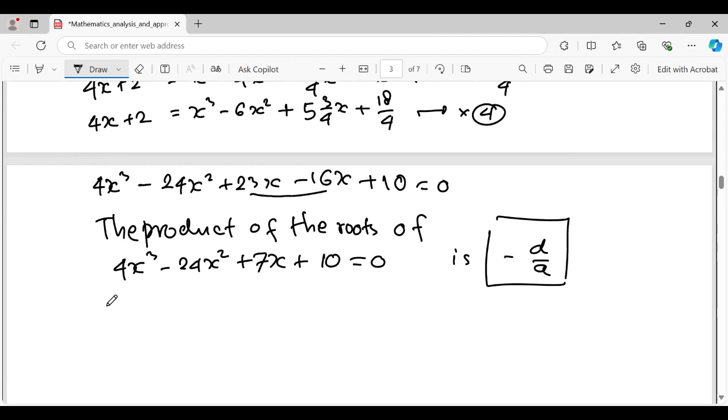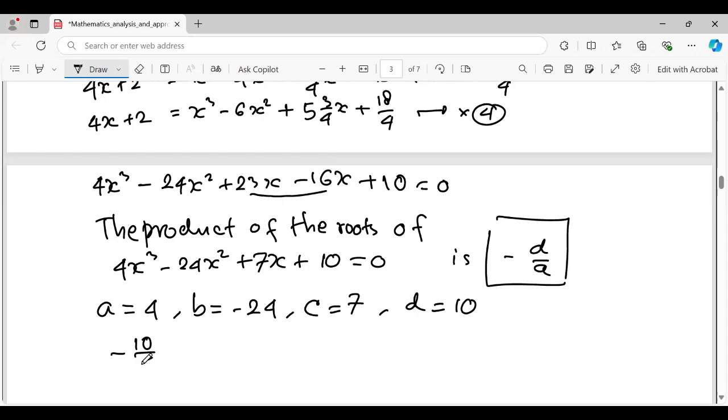So if you identify this equation, a equals 4, b is minus 24, c is 7, d is 10. So the product of the roots is minus d over a, which means minus 10 over 4, because a equals 4. Simplified, it becomes minus 5 over 2. This is the product of the roots.